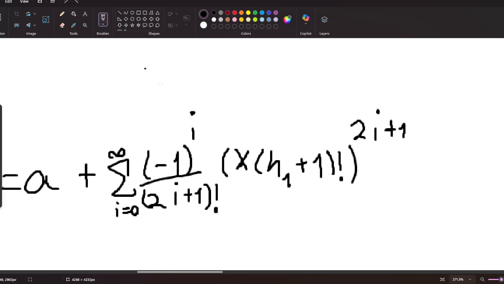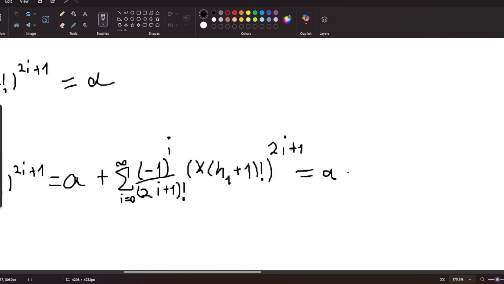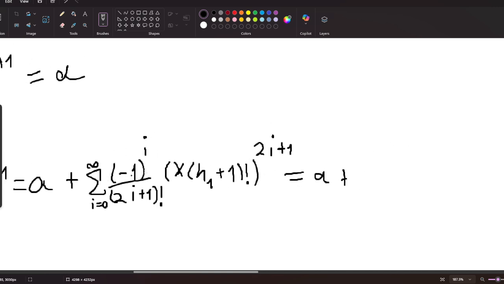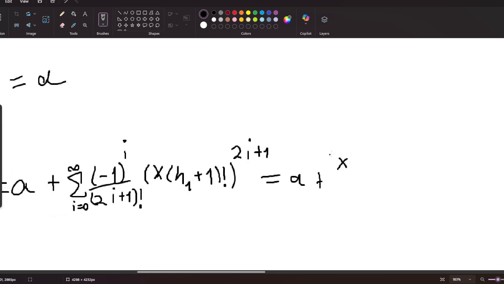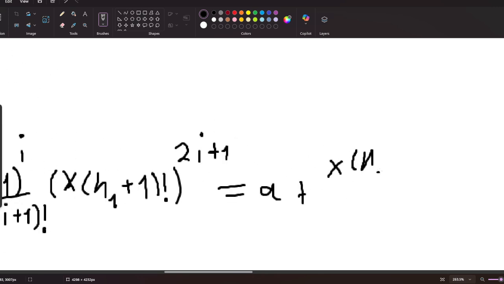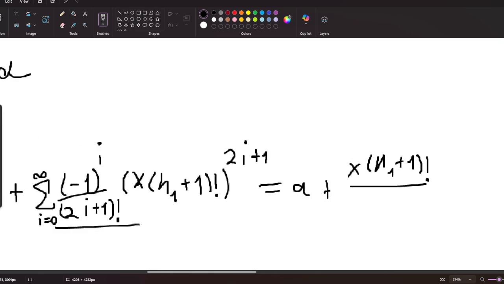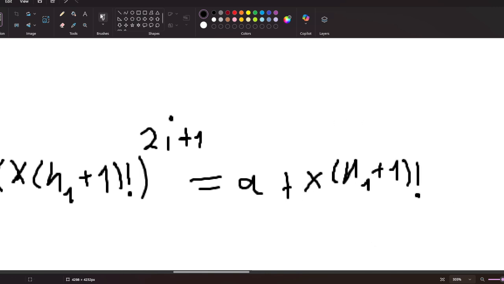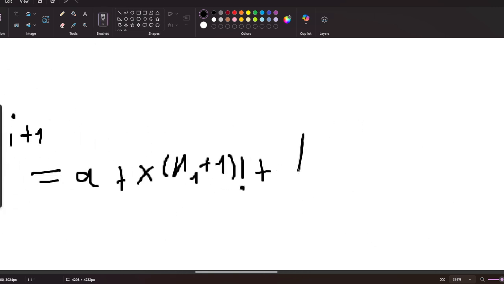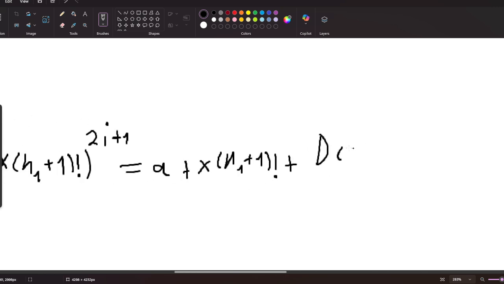So what we have here is a plus, here we will have i equals 0, so that can be just 1. So we have x to the power of 1 times n1 plus 1 factorial over 1 factorial, so nothing, plus some remainder, let's call it q of x.